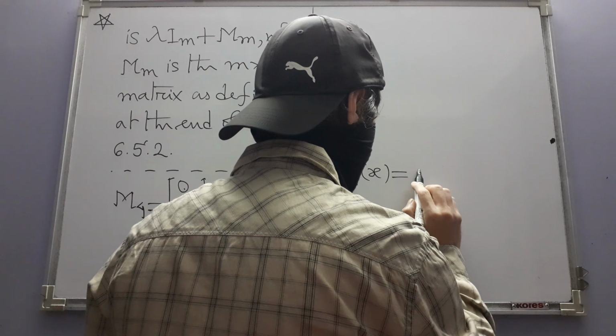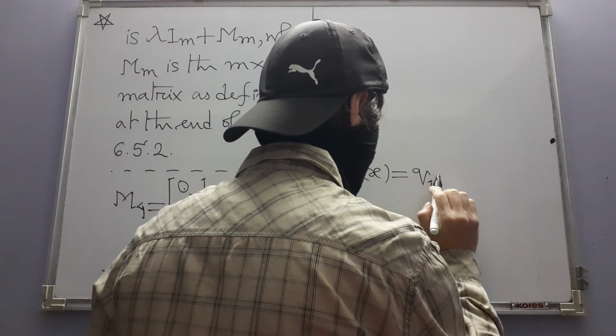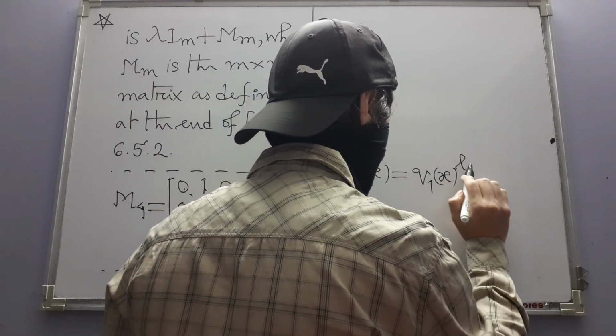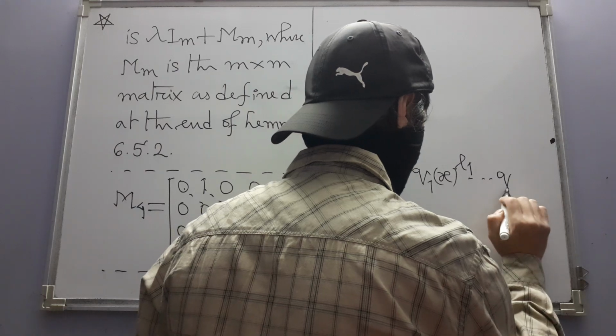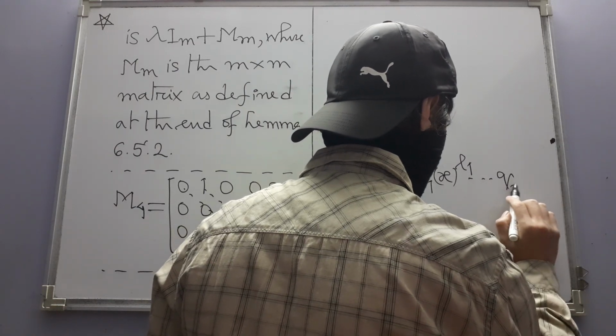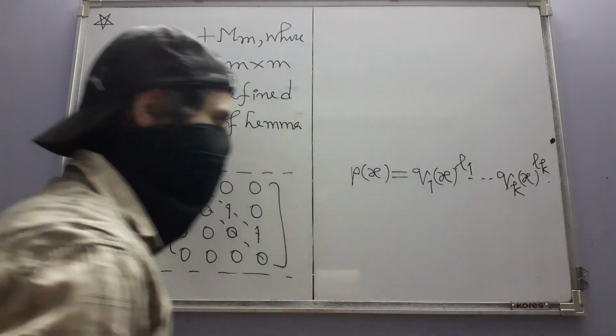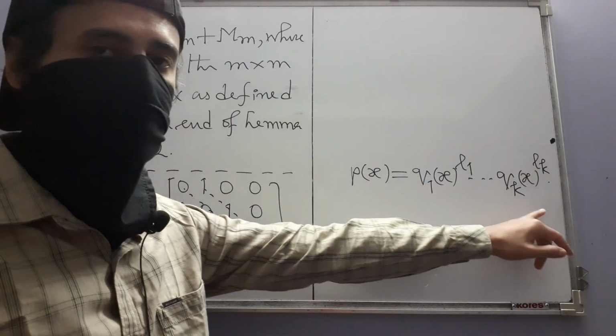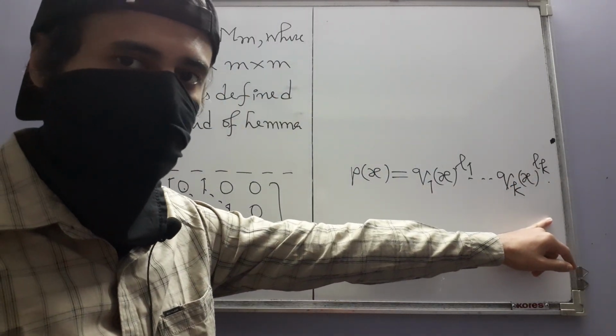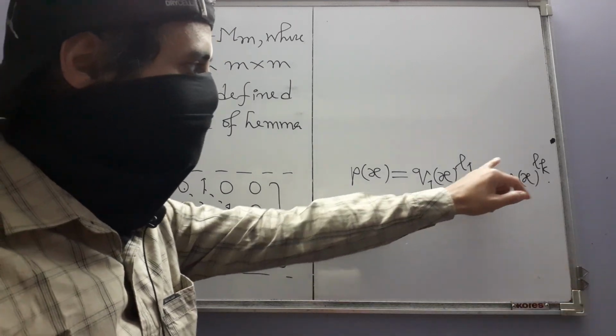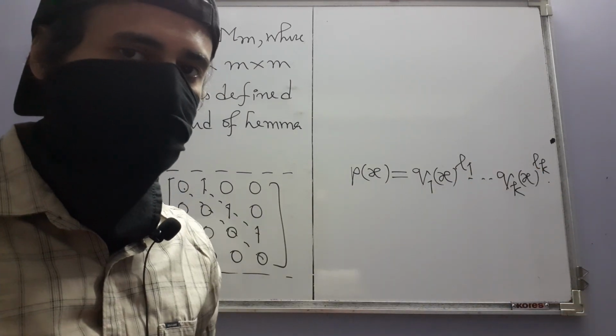And we considered the factorization of the minimal polynomial as a product of powers of irreducible polynomials, where all these q_i's are irreducible over F and these l_i's are positive integers.